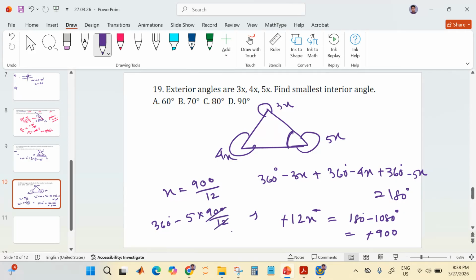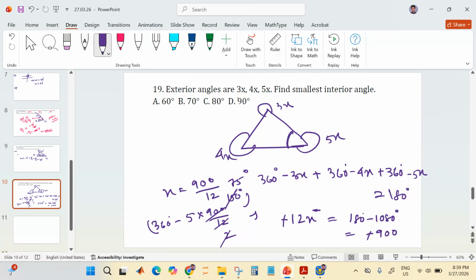If I cancel with 6, then again 2 will be cancelled. 75 into 5, it is what? 375. Okay, 360 minus 375 comes negative. Yes, the data have some problem.